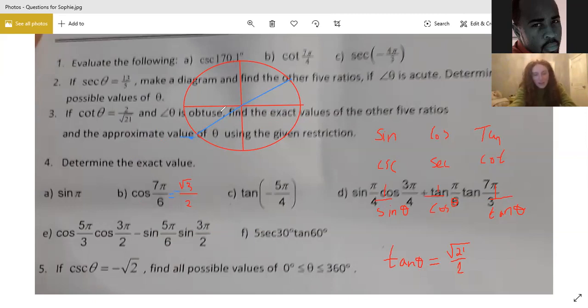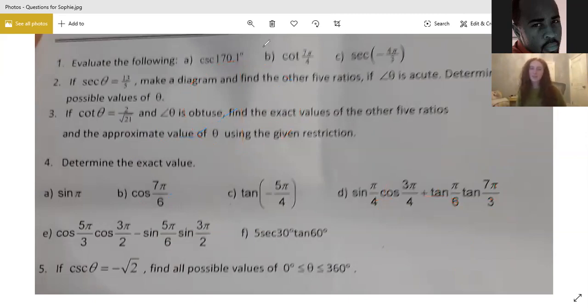Can we do 5? Yeah. I got 135 and 225. Find all possible values. You said 135 and 225? Yes. How?